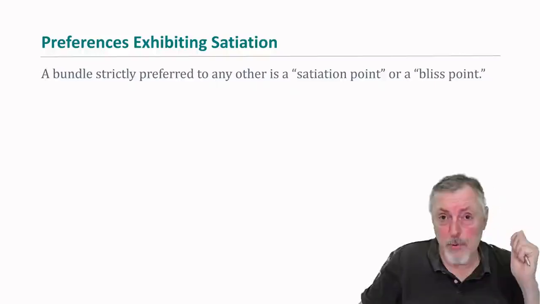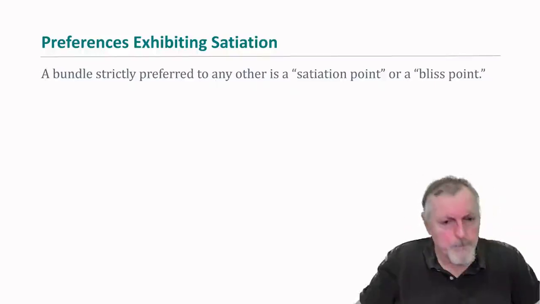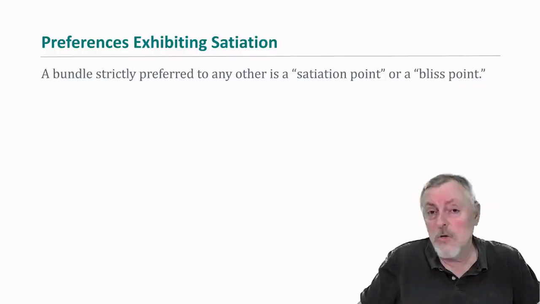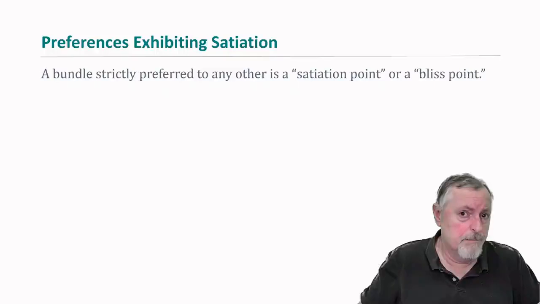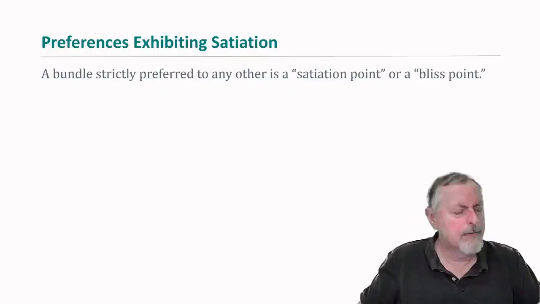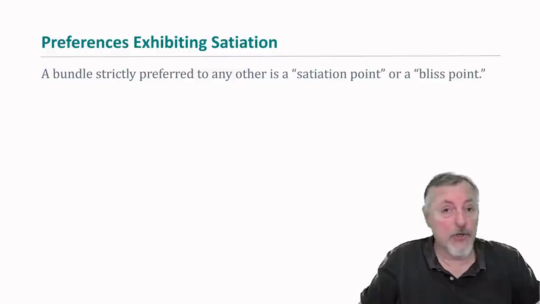Okay, a bliss point. Sometimes a good can become a bad, or a bad can become a good at different quantities. Sort of a silly example, but cake. I like cake. It's a good. More cake makes me happier.